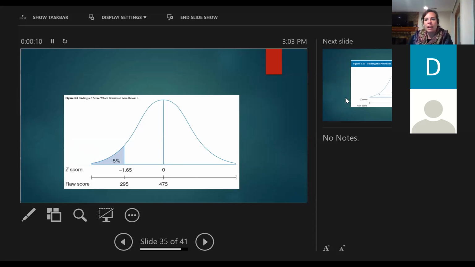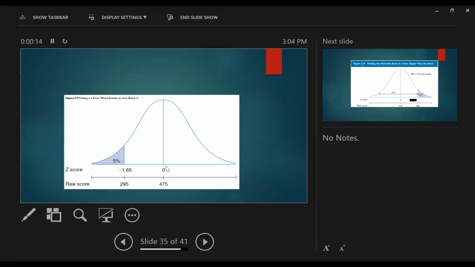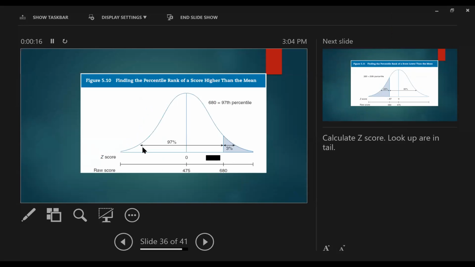We were talking about the bottom 5% and what that looks like on our normal curve. Now, if we go here, again, we can talk about percentiles. That's part of what we were sharing earlier. That's the beauty of a Z-score: you're able to see where on the normal curve it lies, and then you can translate it into a percentile, which most of us know what percentiles are, and we can speak to them fairly eloquently.